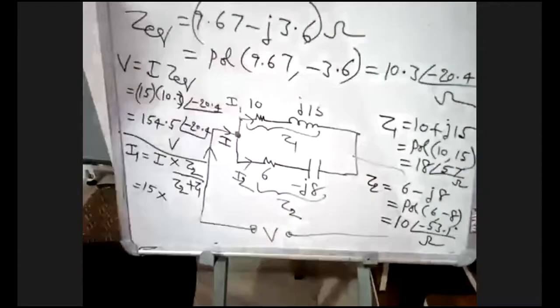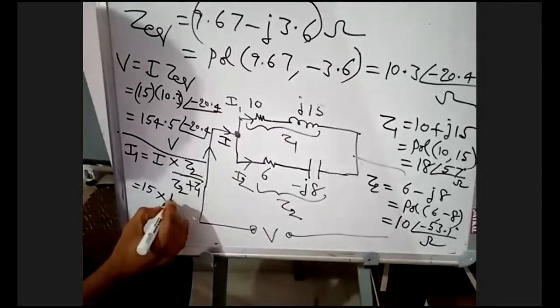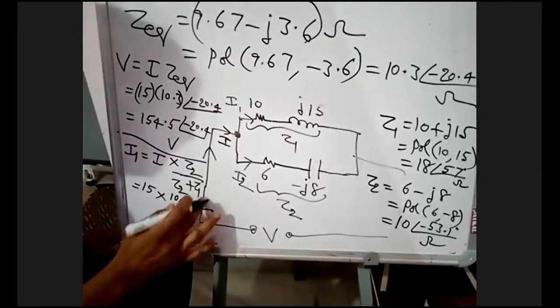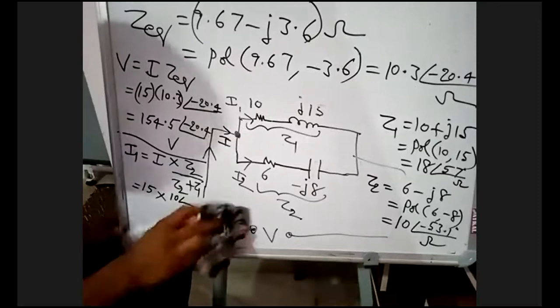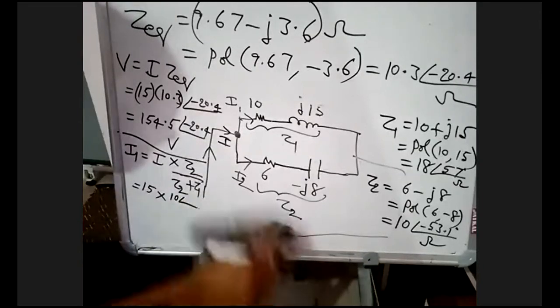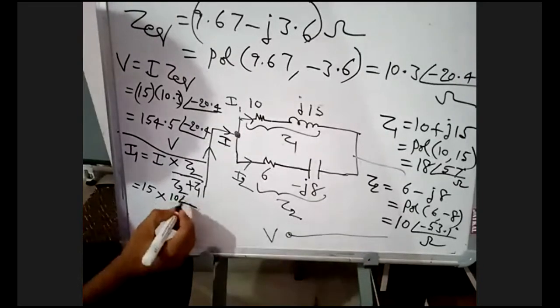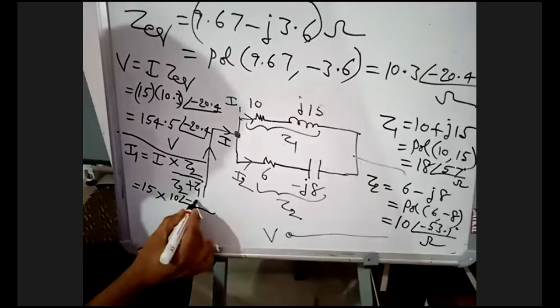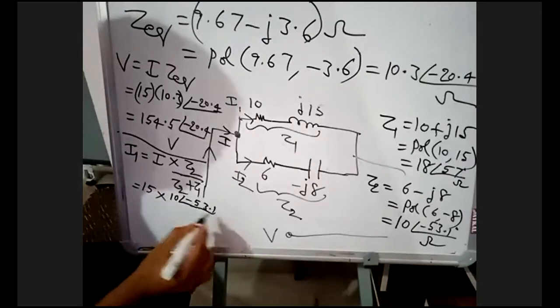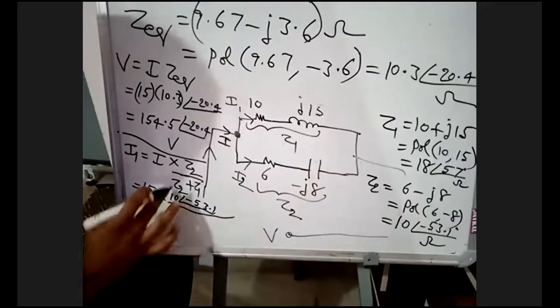Now take the values in polar form. I am taking Z2, which is 10 at an angle minus 53.1, divided by Z1 plus Z2, since addition is there.